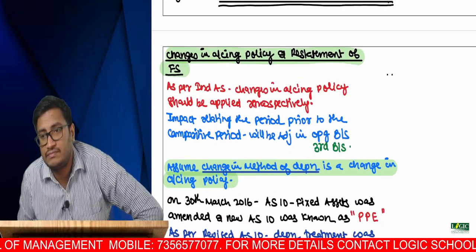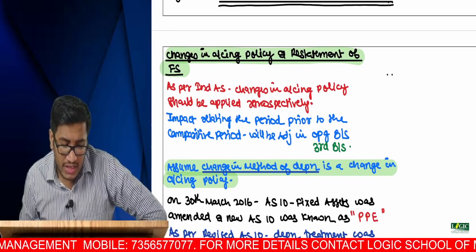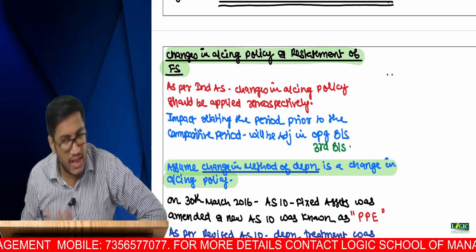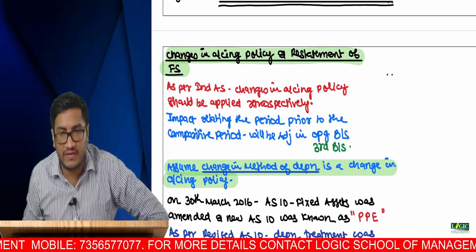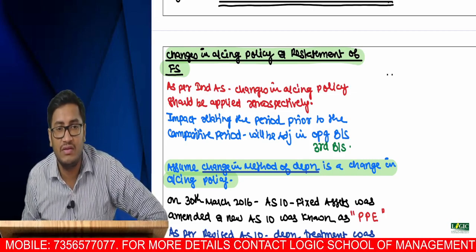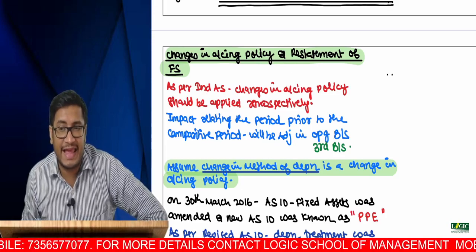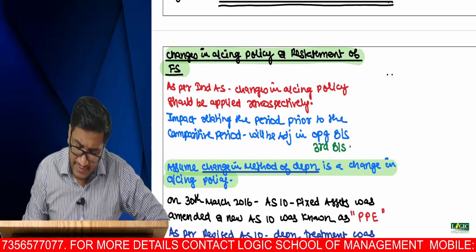Okay, have you all understood the background? So what I'm going to do is not as per Ind AS, neither is it as per AS. For classroom understanding purpose, we are going to assume that a change in method of depreciation is a change in accounting policy. So can I proceed? Are you all with me? So whatever we are going to discuss is strictly against accounting standard, and just to make you understand, I'm taking this example. Okay.